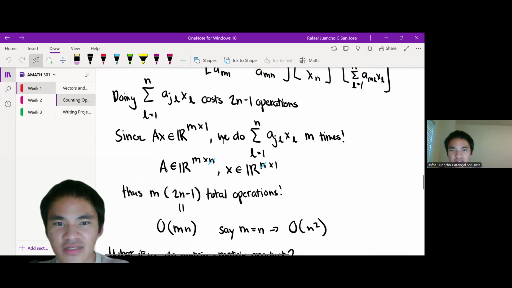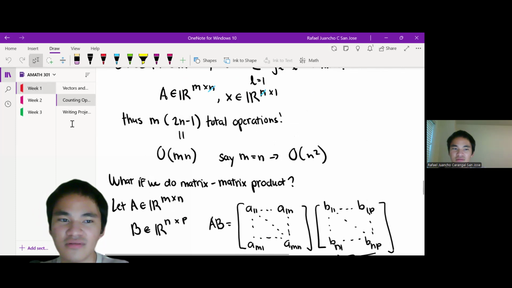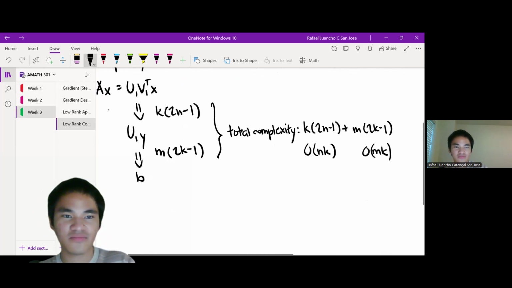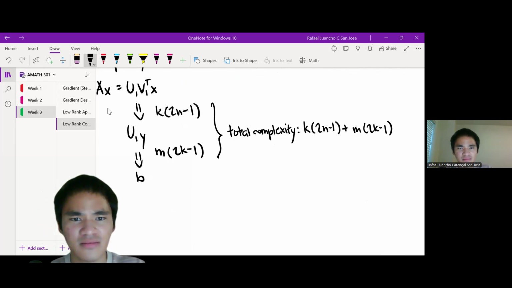I get the feeling it is better. Because why else would we? Yeah, it's O(n squared). Let's look at that in a bit. So that's the mat-vec complexity if we do something low rank.